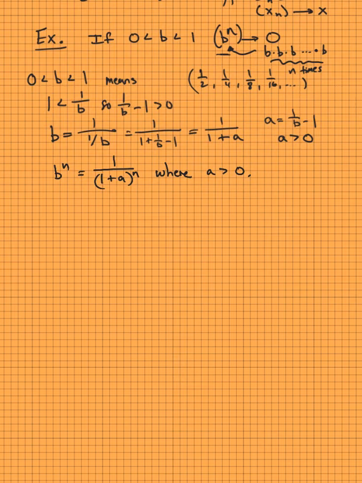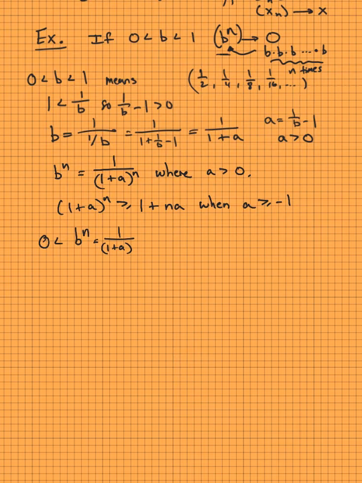Right? By the last homework, we know that (1 plus a) to the n is greater than or equal to 1 plus na when a is greater than or equal to minus 1. So in particular, when a is greater than 0. Okay? So now, let's use this homework. So what this means is that we have 0, which is less than b to the n.